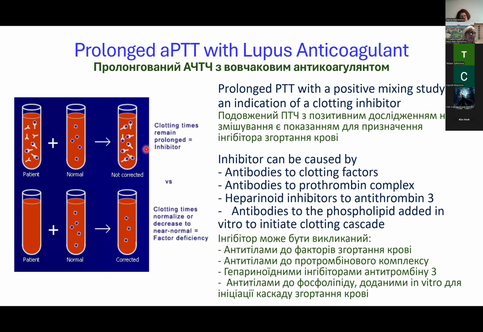So we have the patient's blood that has the abnormal antibodies in it. And the little blue things here are the phospholipids. Some of these antibodies are binding the phospholipids, and that's leading to the prolonged PTT. If you put normal serum in, there's no antibodies, but there's now fresh phospholipids.